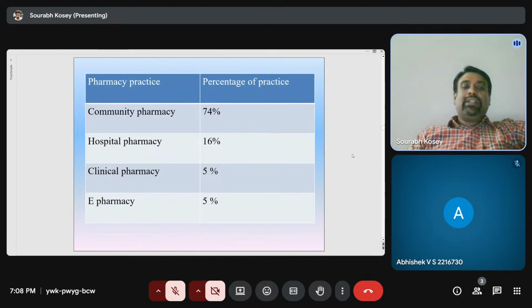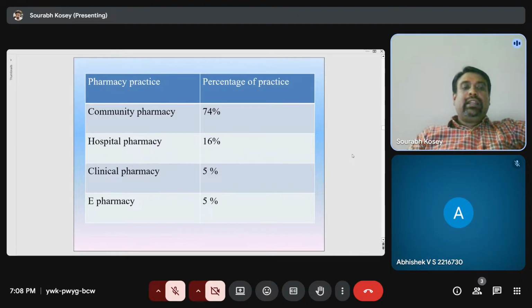The second is the hospital pharmacist, which is basically floor stock and centralized system, and it is typically 16%. So the 16% hospital pharmacy people work at the floor stock and centralized level.